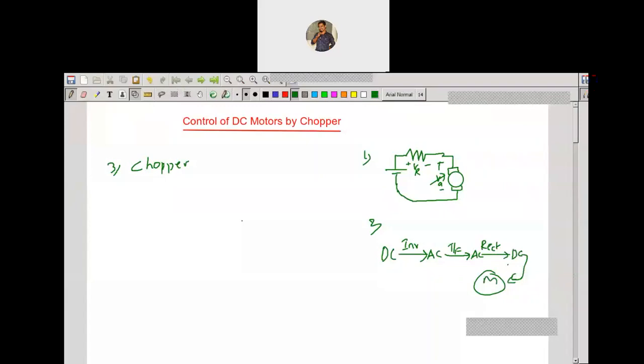You know that the chopper converts the fixed DC into variable DC, right? So here we are going to use a chopper.